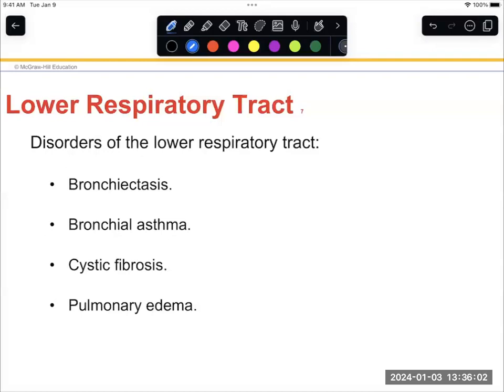And then we have cystic fibrosis. Cystic fibrosis is an inherited disease where the mucus that is being produced in the respiratory tract is extremely thick. That very thick mucus is blocking the airway. We mentioned cilia from earlier slides. There are cells that have those cilia, those little hair-like projections off of them.